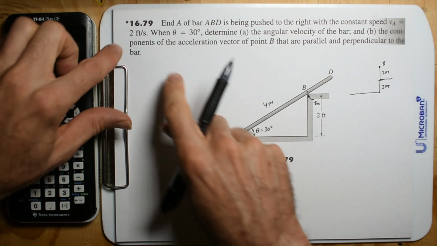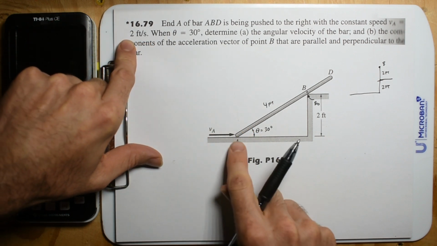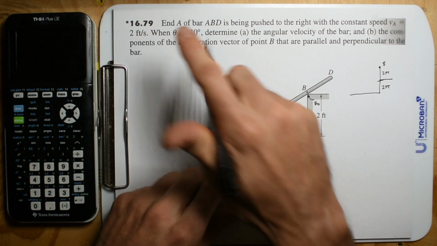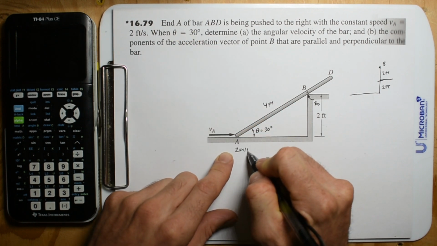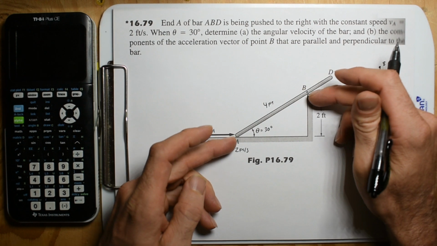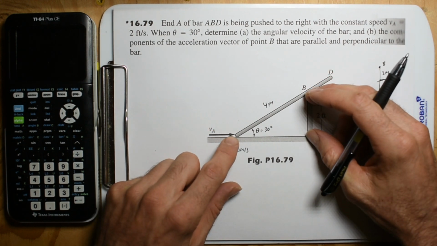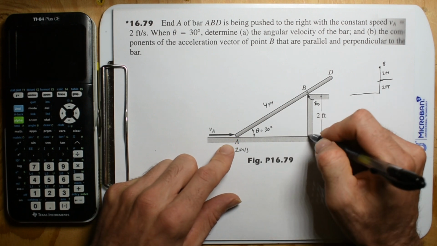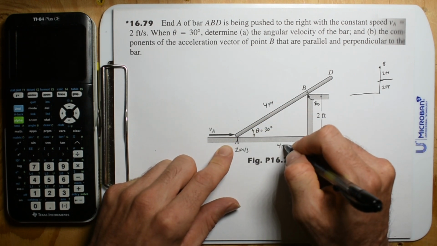Okay, so let's look at the speed of this. This is going with a speed of 2 feet per second. We need to know this distance, and honestly, the first thing I did is I just guessed. Even with an angle of 30, we think that's pretty substantial, but this distance right here, you can just guess it's 4.